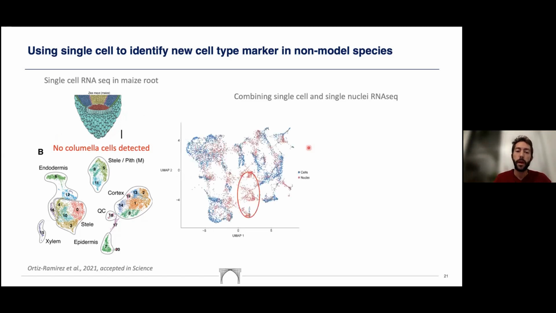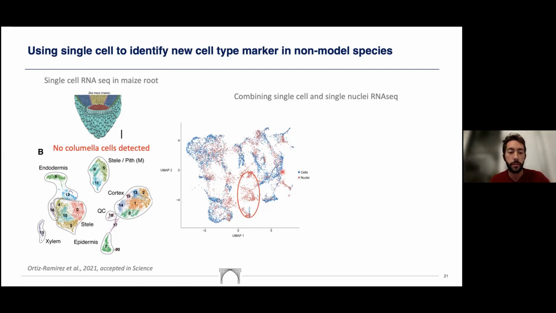And so when we mapped our single cell and single nuclei in maize meristems, you see here the same UMAP with cells in blue and the nuclei in red. At the very center of this UMAP, you see an island which is only composed of nuclei individuals, while all the other cell types are mixed.